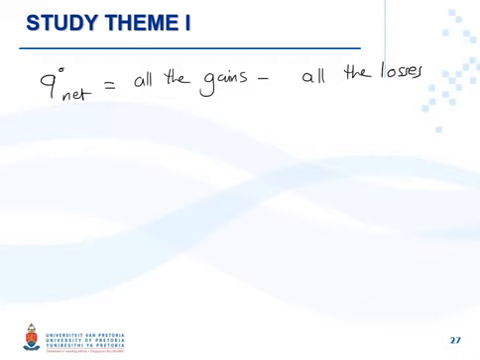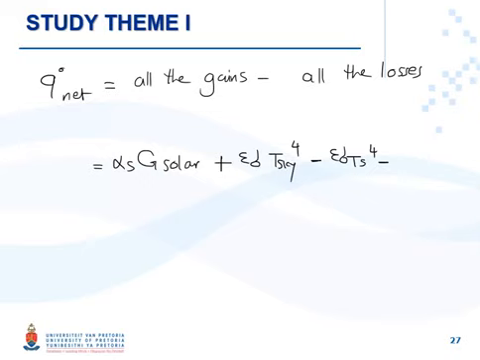Okay, so what are the gains? Alpha S G solar plus, exactly like a previous example, epsilon sigma T sky to the power of 4, minus epsilon sigma Ts to the power of 4, minus H Ts minus T air.